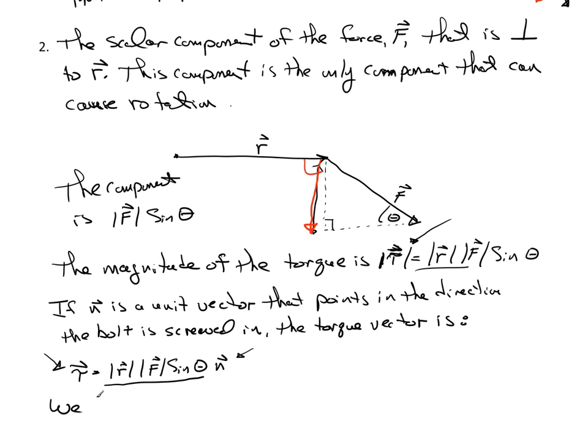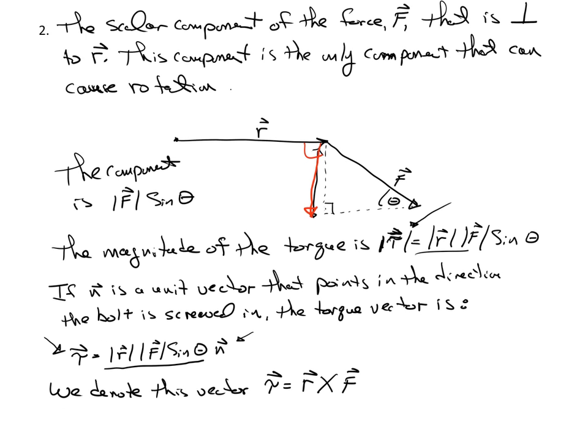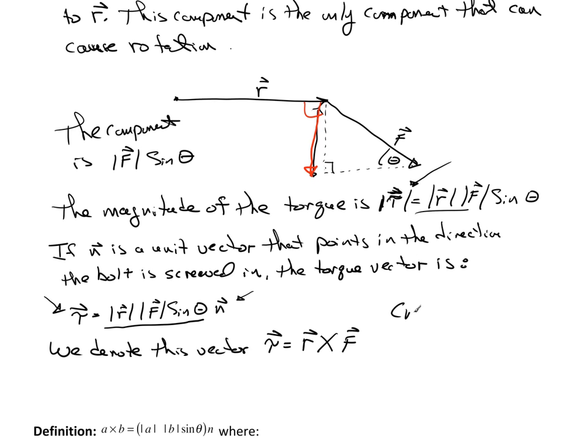We denote this vector tau as being equal to this vector r cross F. So tau is the cross product of r times F, and that's referred to as the cross product, or sometimes you hear it referred to as simply being the vector product.